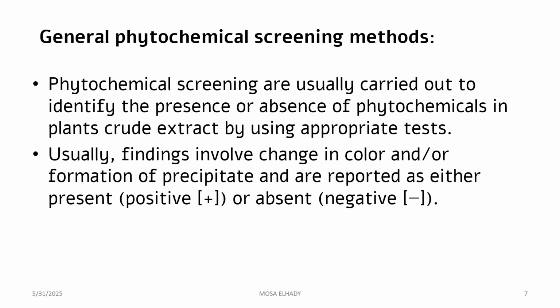And generally, in the findings, the result can be reported as positive, plus, if the secondary metabolite is present, or absent, and you can write minus or negative sign for a compound that is not present in the extract.